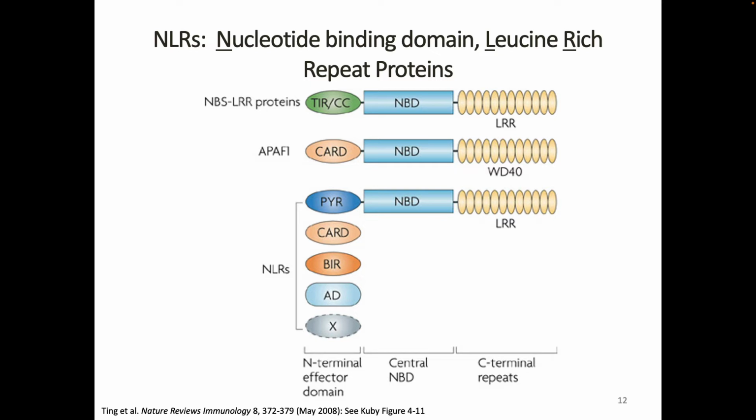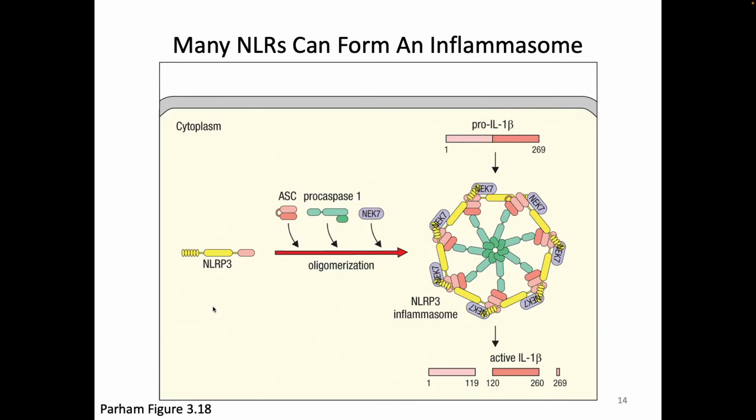And what you'll notice is that this protein, APAF1, that's involved in this type of cell death apoptosis looks pretty similar to the NLRs. The thing that the NLRs are particularly famous for is that they also form a structure that looks just like the apoptosome. However, the structure is not part of apoptosis.